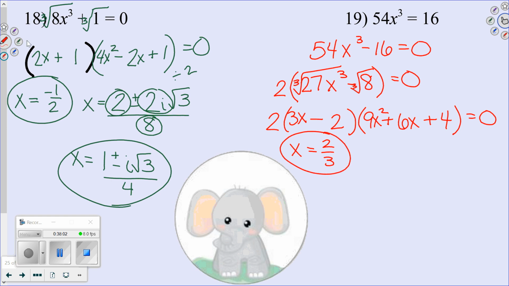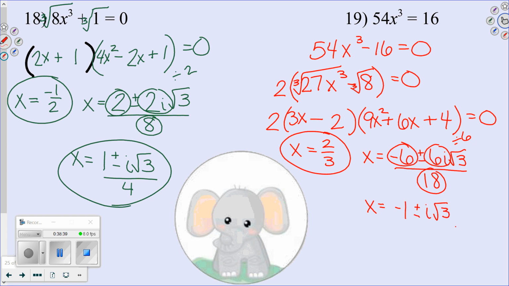This one, will it factor further? No. So I would need the quadratic formula. So negative b is negative 6, plus or minus. What do I know this is going to be? 6 I radical 3 over 2 times a, which is 18. And I can divide all three numbers by what? By 6. So x equals negative 1 plus or minus I radical 3 over 3.